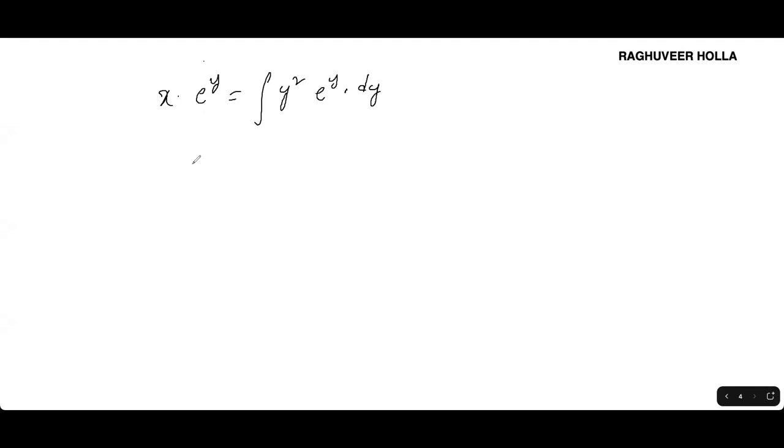Now, further, let us find this, right? So integrating this, which is y square minus 2y plus 2, into e to the power of y, plus c.